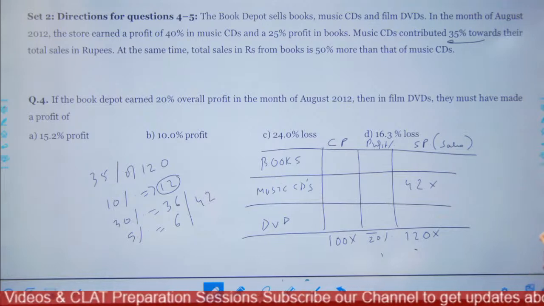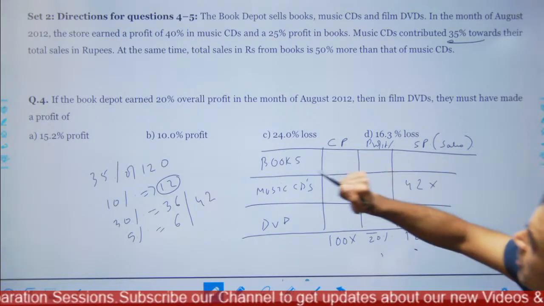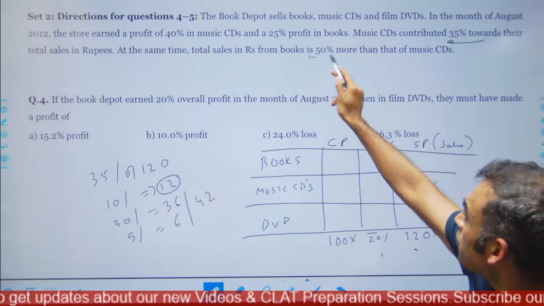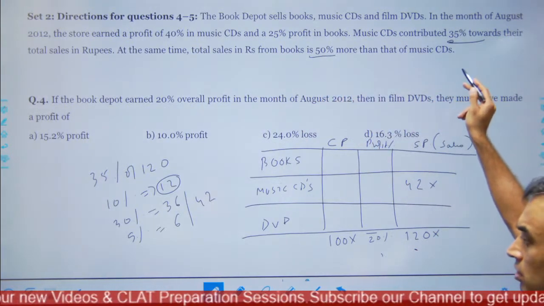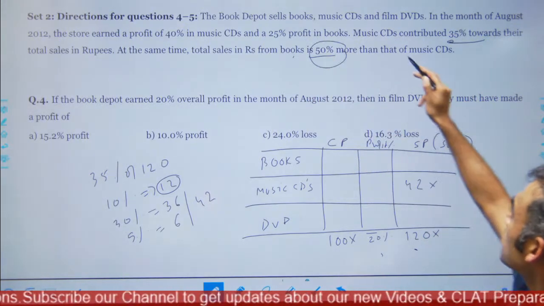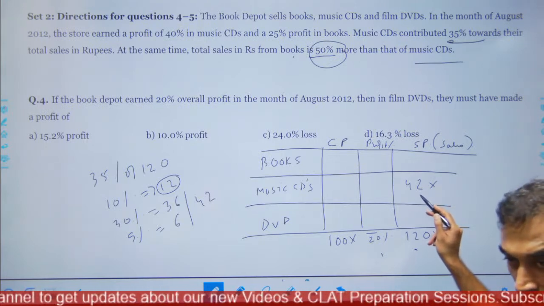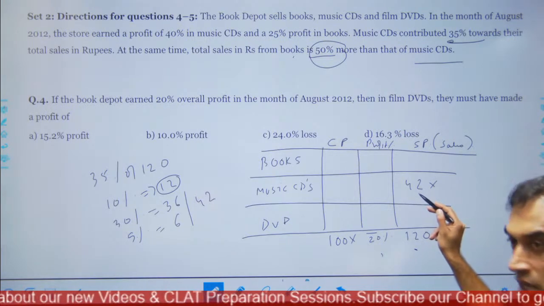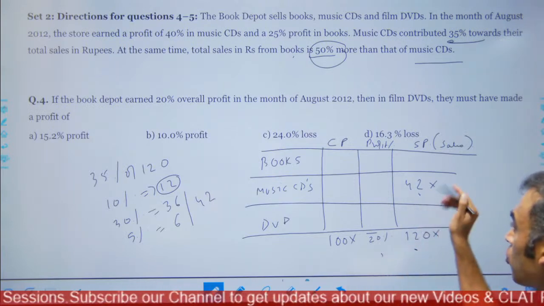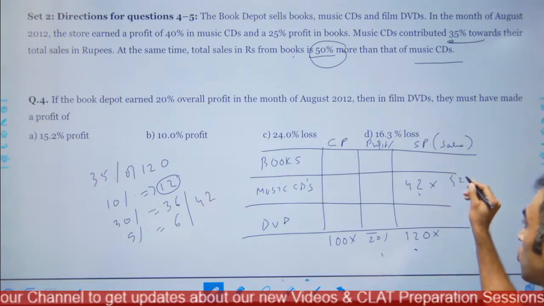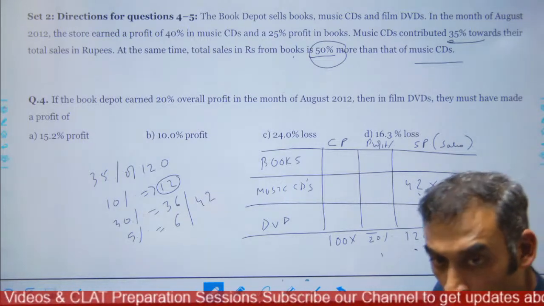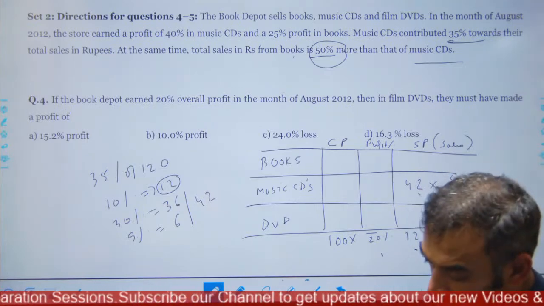And what else is given here? At the same time, total sales from books is 50% more than that of music CDs. We know music CDs is 42x. So 42x ka 50% more, so 50% of it is 21x, or a multiplying factor of 3/2 if it's 50%.